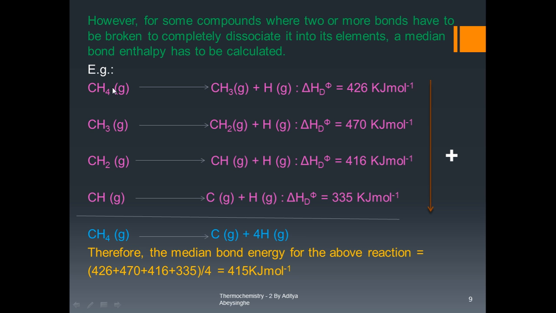The first step of such a reaction is that it breaks away the elements individually. If you take CH4, you know that 4 hydrogen atoms are bonded to carbon. First of all, you cannot directly break up all these bonds at once. If you give some heat, say 415 kilojoules per mole, you may break up.